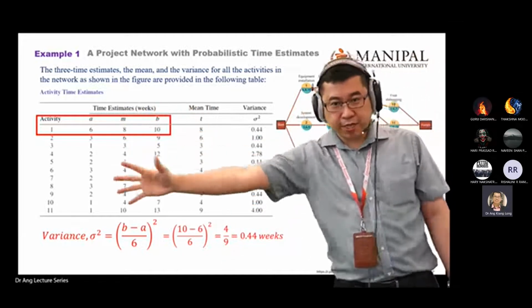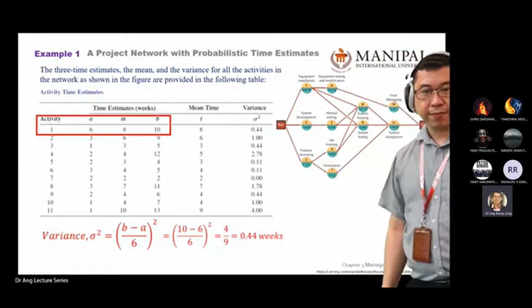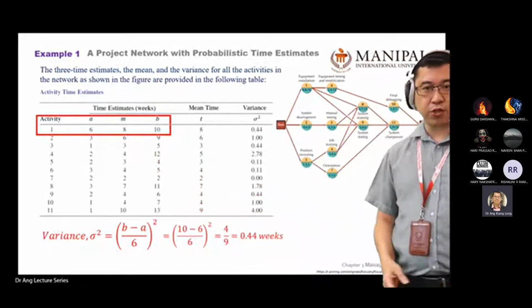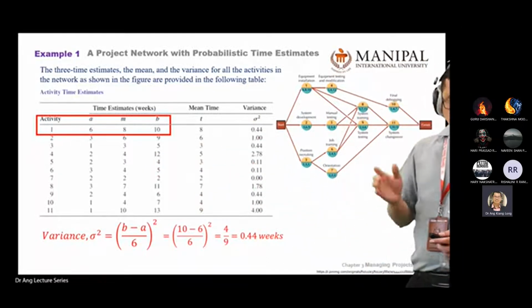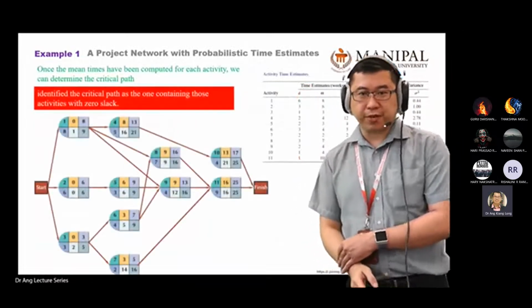I will just give you this format and you find the t and the variance. The equation won't be given, but you will be guided to solve the question, either using this table or this diagram.